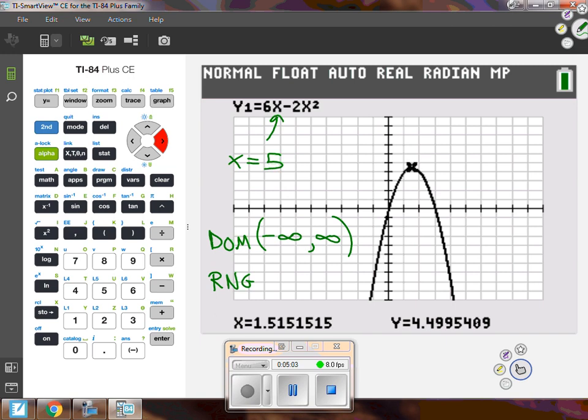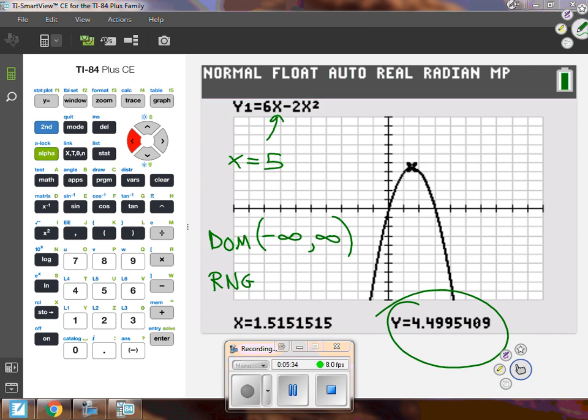Do we have a good estimate for the highest? We're looking at y. What's the highest y? 4.5-ish. Yeah. I know what you mean by 4.5-ish, but 4.5-ish isn't a real number, right? It's an ish number. So we need to pinpoint that maximum.